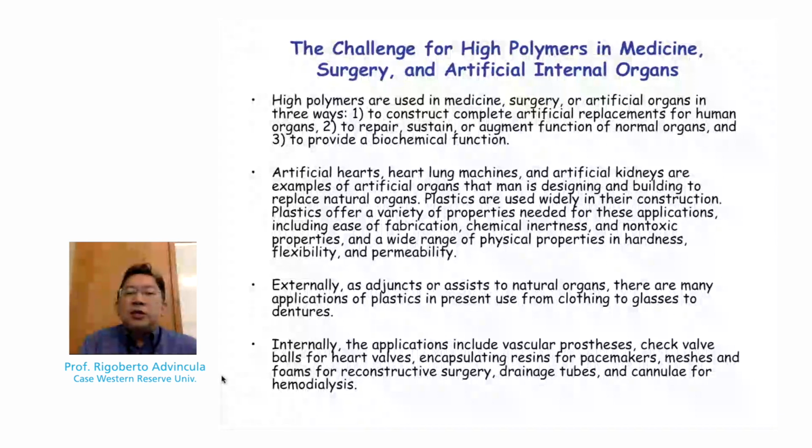Now the challenge, of course, is once these polymers are used in surgery, not only are they classified as biocompatible, but they should have the specific thermomechanical properties to function inside the human body, meaning they should have the elasticity, the tensile strength, and of course the surface functionality so as to prevent, let's say, biofouling or even blood compatibility or preventing any type of thrombosis occurring, specifically when used with surgery in blood vessels.